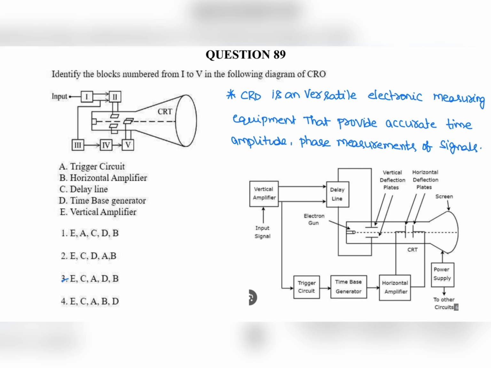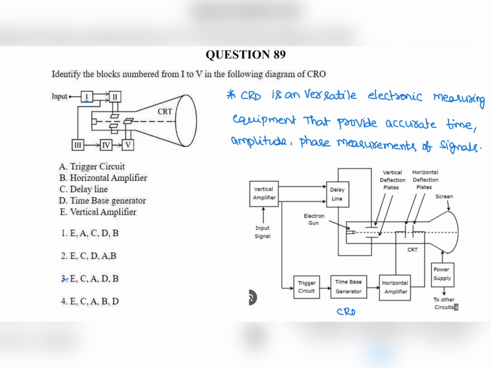Next question. Given the block diagram of cathode ray oscilloscope. The cathode ray oscilloscope is a versatile electronic measurement equipment that provides accurate time, amplitude, and phase measurement of signals. The signal is displayed on the CRO screen. In this block diagram, the input goes to the vertical amplifier, and the second block is the delay line.